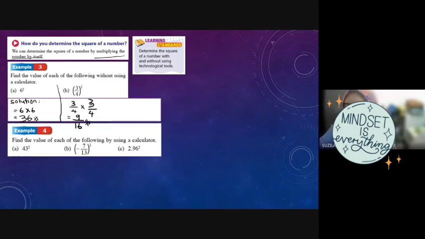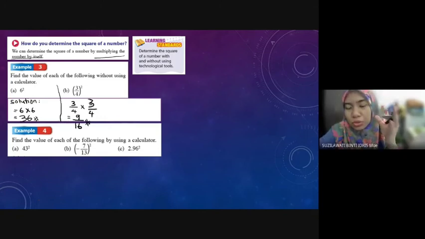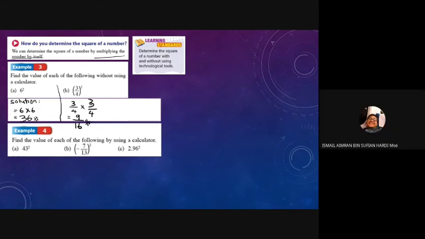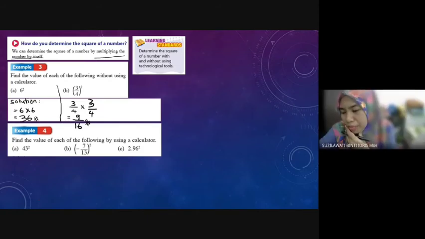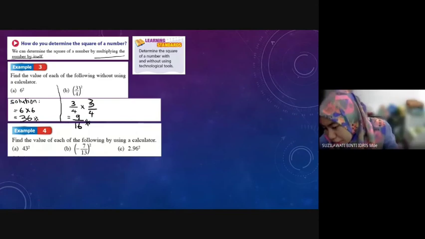But now I want you to show me how to find the answer using a scientific calculator. What button or what number that you need to press first? Press A, B over C. Yang ni ke?